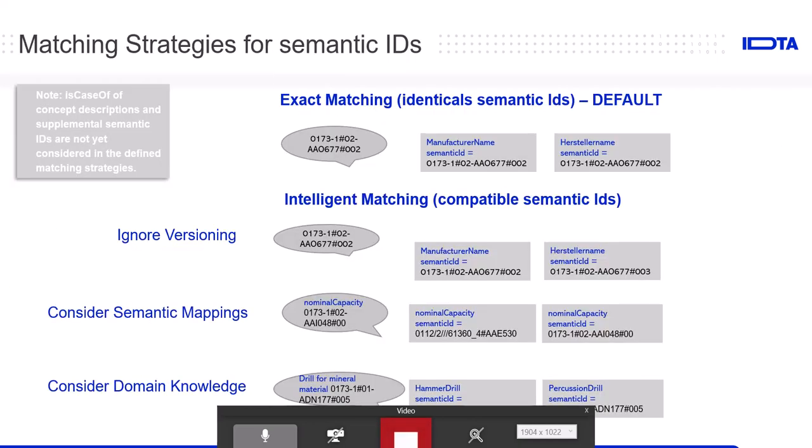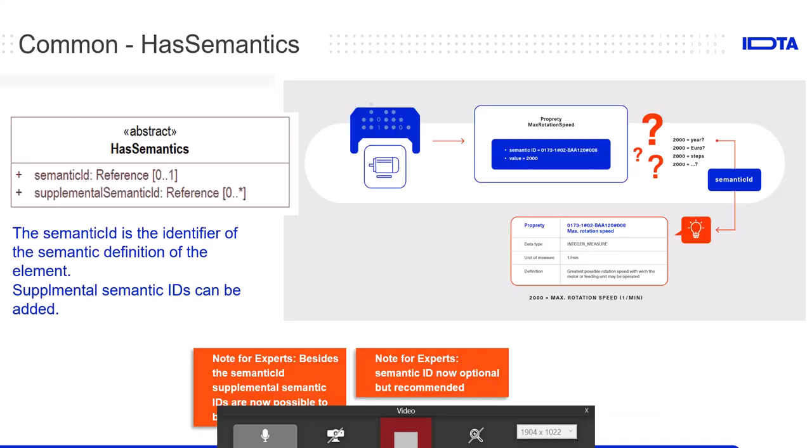So semantics, I have problems with my mouse here. So has semantics is also, of course, as we always say, semantics is key. So asset administration shell is for interoperability, and interoperability means you need to understand the data you are exchanging.